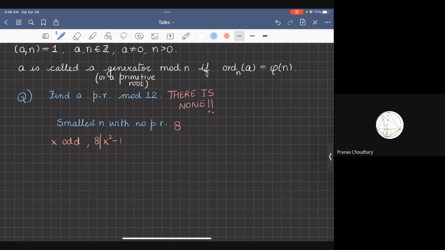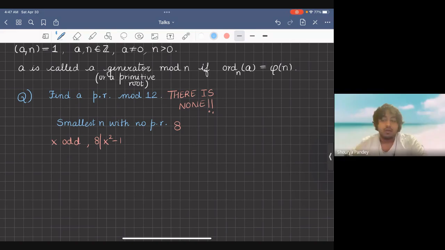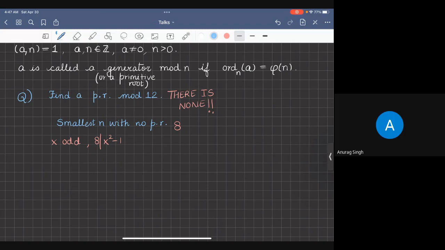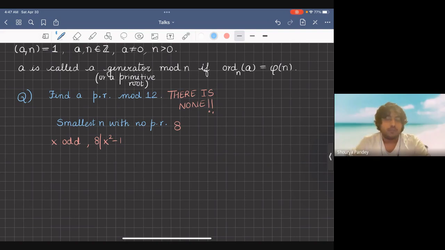Oh, I was taking 3 as co-prime. For a number n with no primitive root, for every a co-prime to n, the order of a has to be less than phi of n.